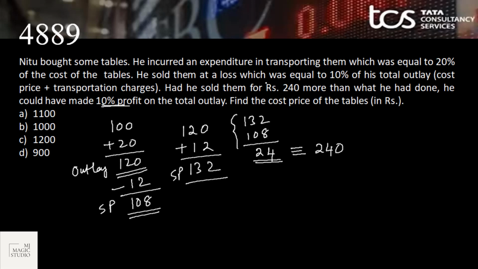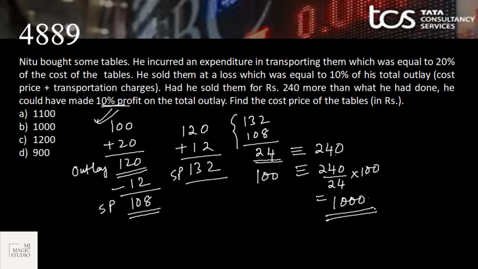The difference is because of the increase in the selling price, this 24 units. That means, what is the question? Find the cost price. Cost price we have taken as 100. 100 should be equivalent to 240 divided by 24 into 100. That is 1000. So cost price of all the tables is 1000. Option B fits in.